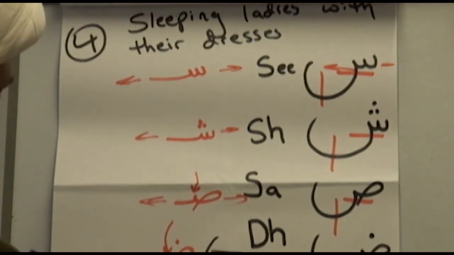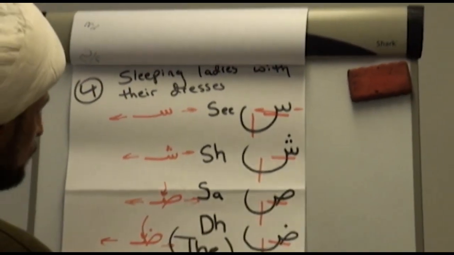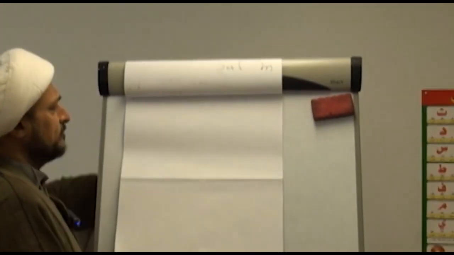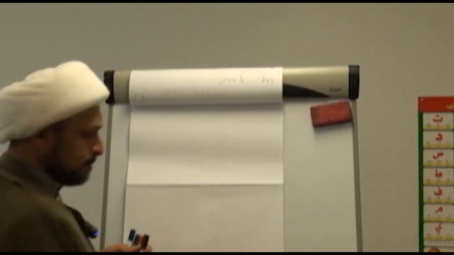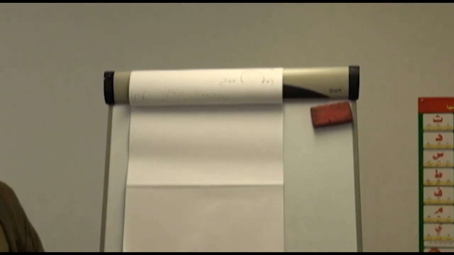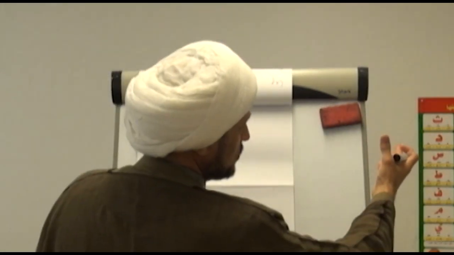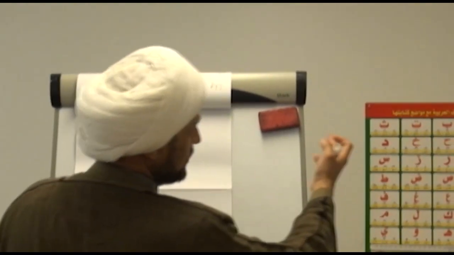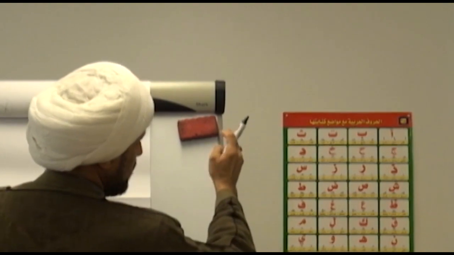So now we come to the remaining 5 letters. Let's see here, we will use this pen. Perfect. If you can look at the chart, let's go together and see what we don't have here. Alif, we have. Ba.